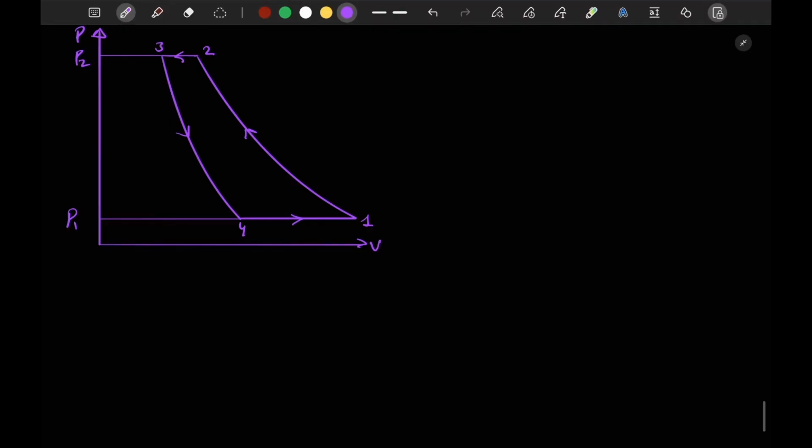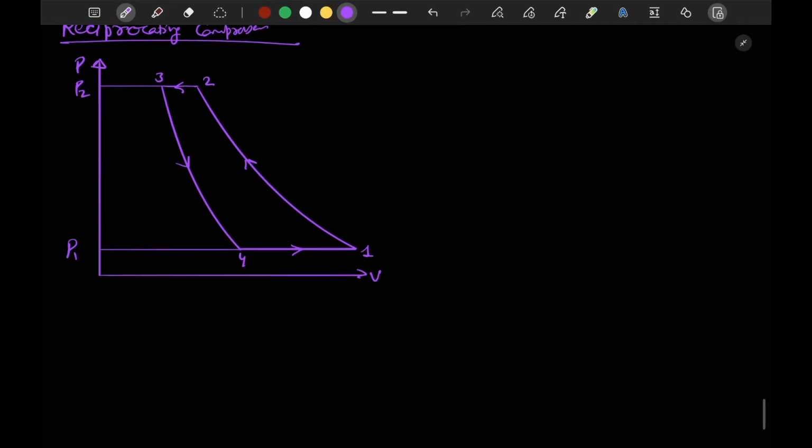Now let's say the actual suction volume is V1 minus V4. Exactly this term, from point 3 to point 1, is called Vs, that is the swept volume.